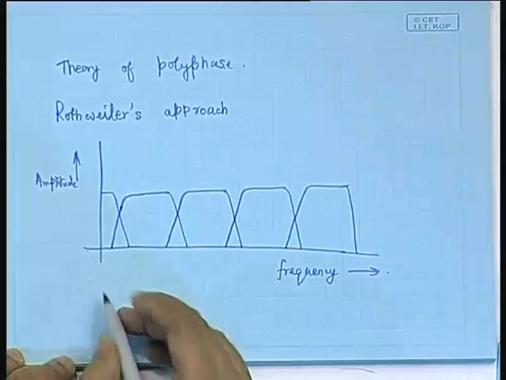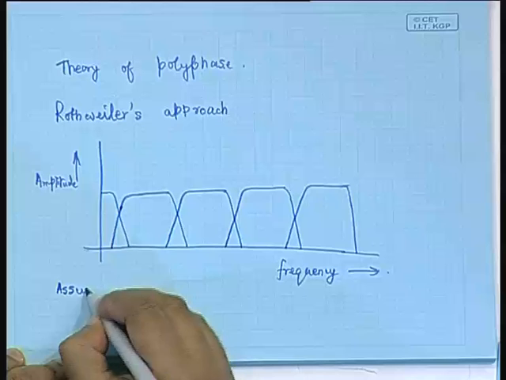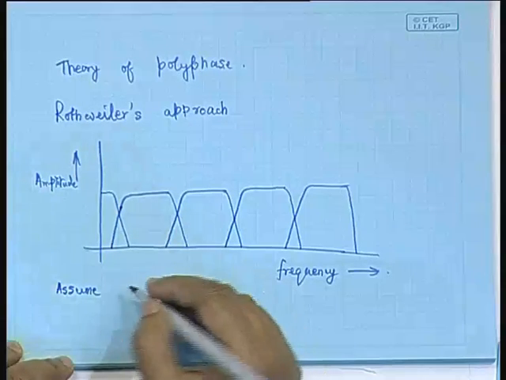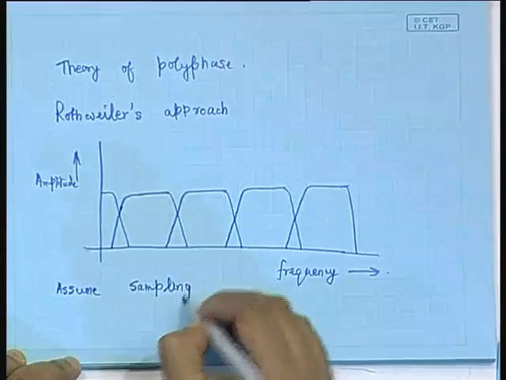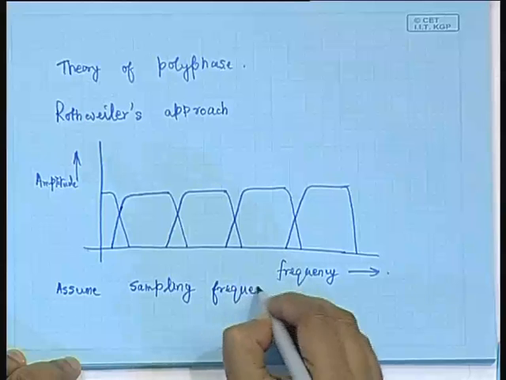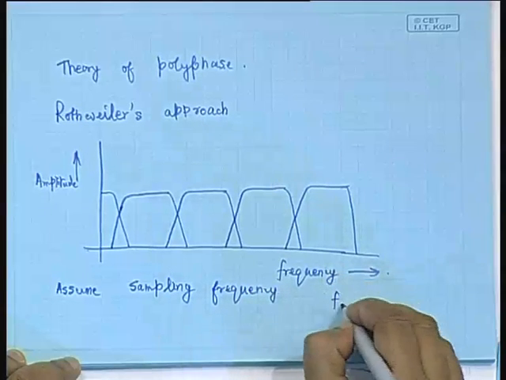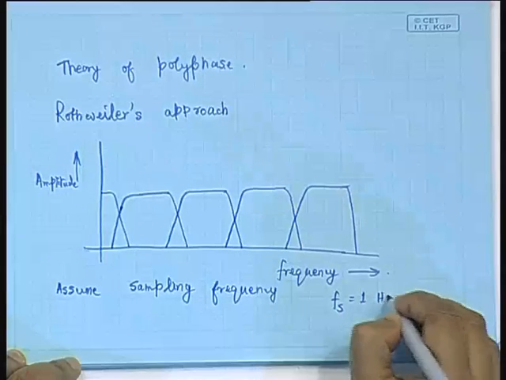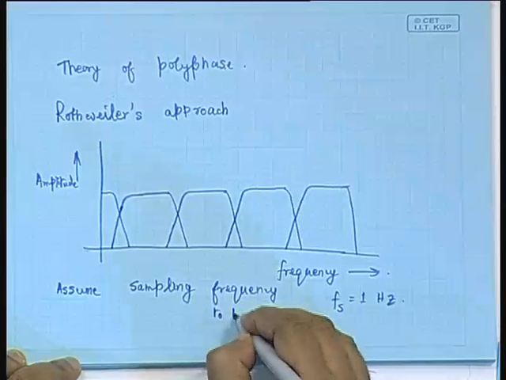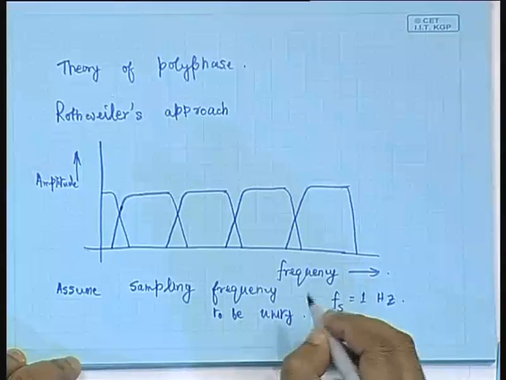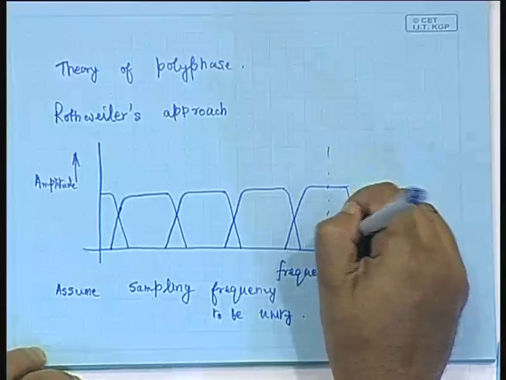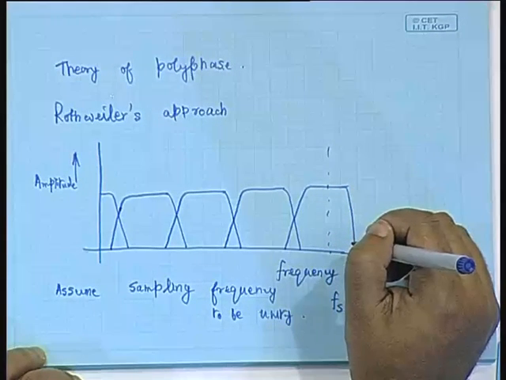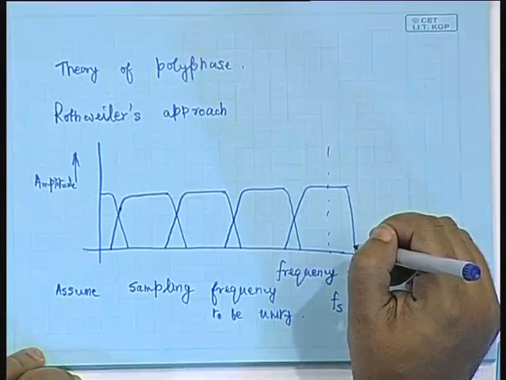So, we assume that the sampling frequency Fs is unity, that is, Fs is assumed to be 1 hertz. So, the frequency to be covered is 0 to, if it is 1 hertz, then what is the maximum angular frequency that you are talking of?